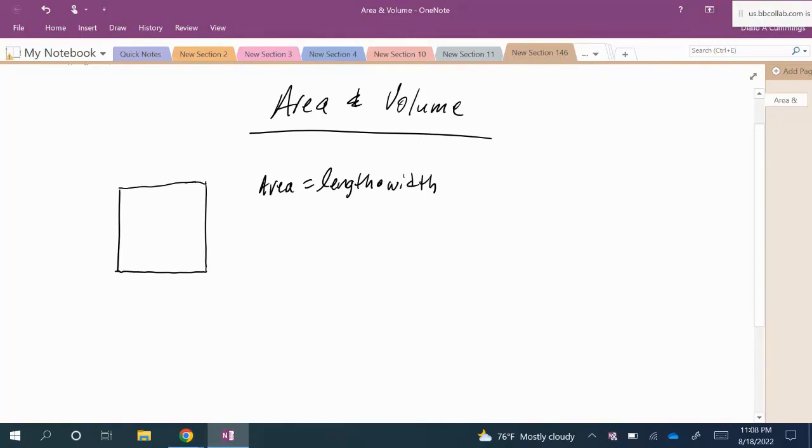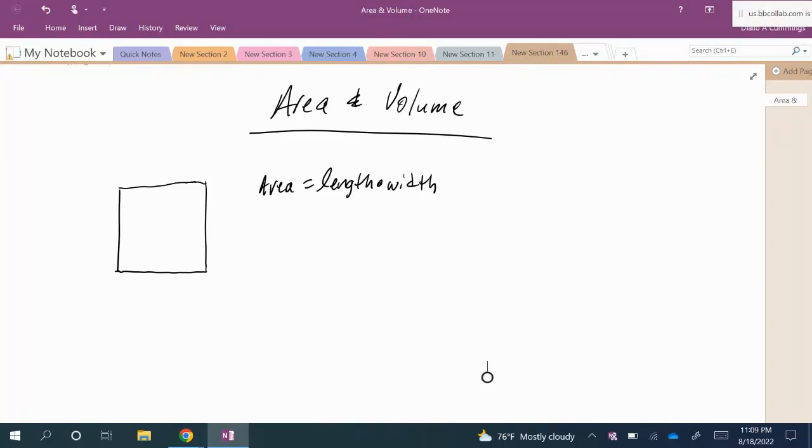So let's just say, for example, in this particular square, the area for a rectangle and a square are both the same. The area for a square is just the side squared, and in a square, all sides would have the same length, and in a rectangle, the opposite sides are parallel and congruent.